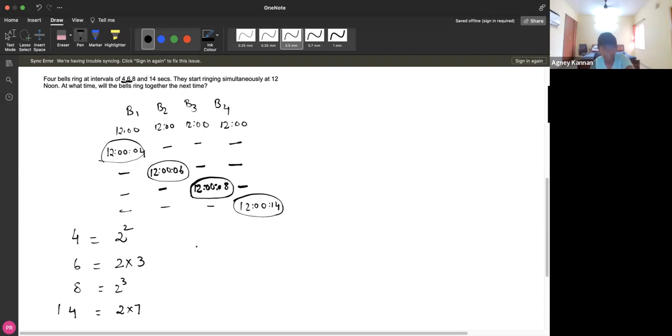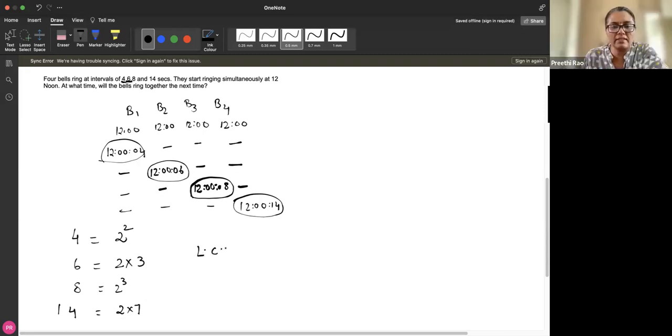So we know to find the LCM, we have to include all the factors. We have to include 2, we have to include 3, and we have to include 7. And we have to take the highest exponent. So the highest exponent of 2 is 3, and 3 is 1, and 7 is also 1.